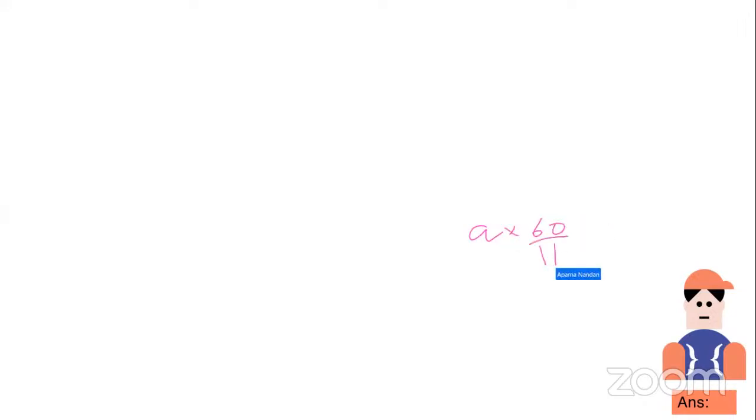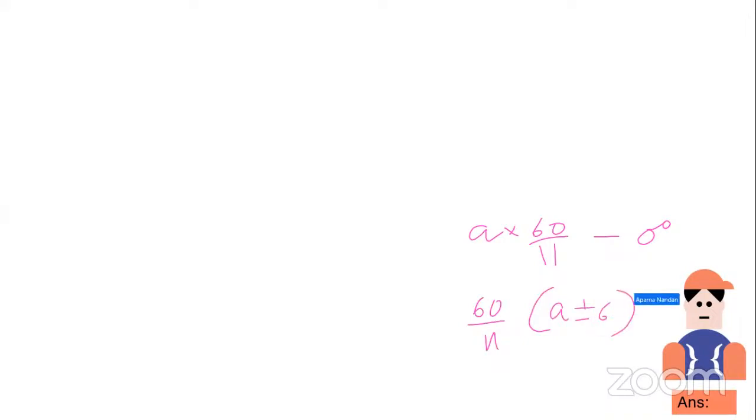And what about the exact time at which they will make 180 degree? Yes, 60 by 11 into A plus or minus 6.